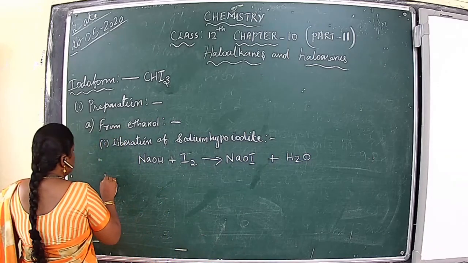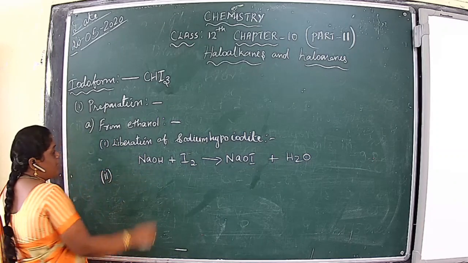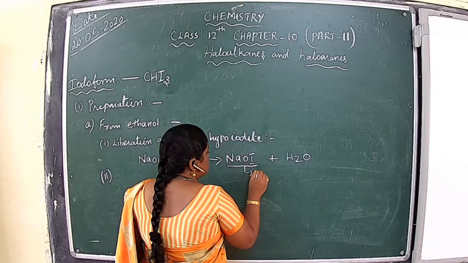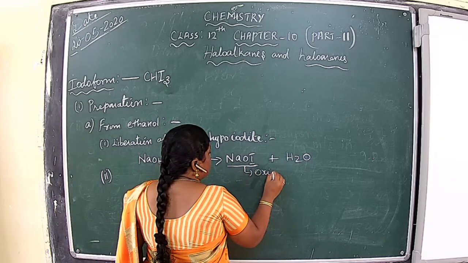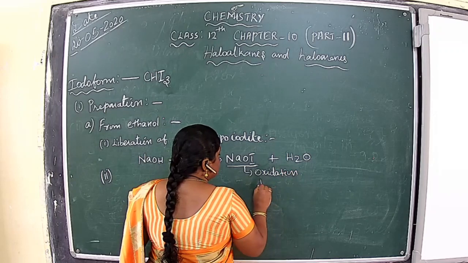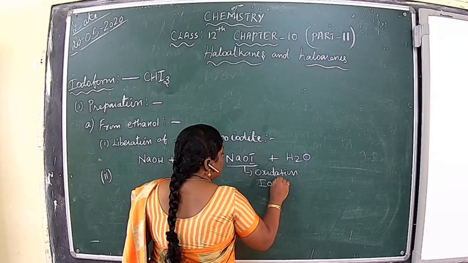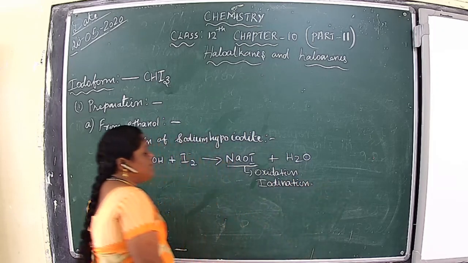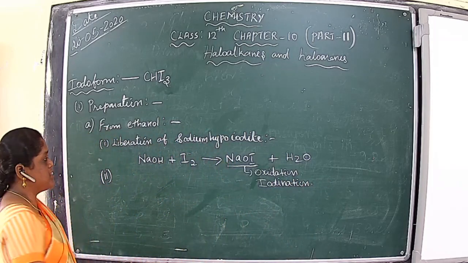So the sodium hypoiodide acts as an oxidizing agent as well as for iodination. Oxidation and iodination.